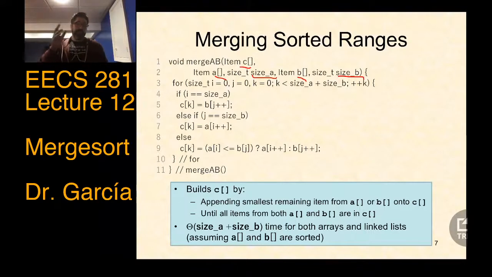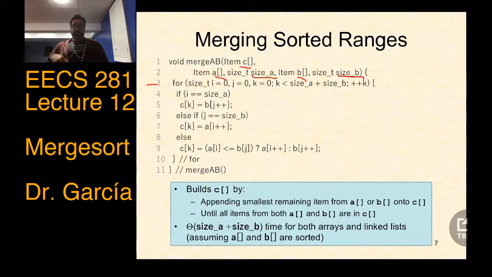Of course, if you are using vectors instead of simple arrays, then you could use dot size. And this is one for loop on line 3. Basically it starts off all our pointer integers, i, j, and k. i corresponds to the A array, j corresponds to the B array, and k corresponds to the C array for the output.